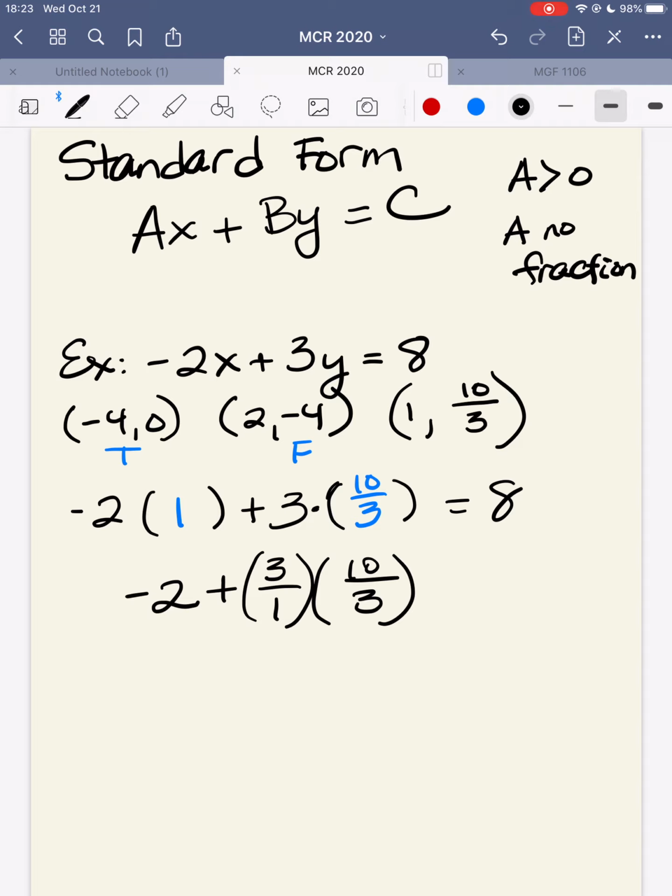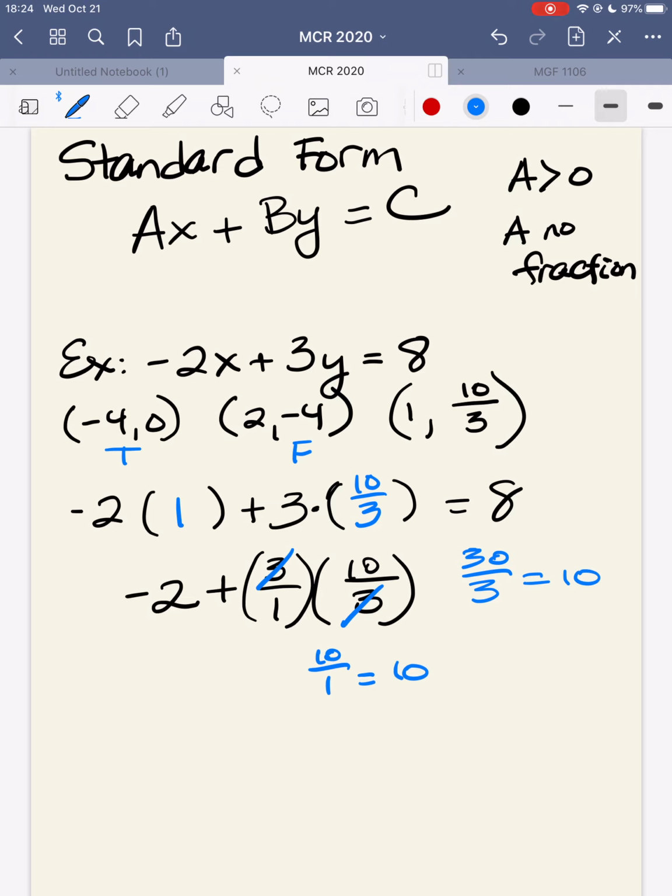All right. Now I could go ahead and multiply straight across, or I could realize that I can cancel one numerator with one denominator because they're the same. It is totally up to you. And this gives me 10 over 1, which is the same as 10. Okay. If I hadn't canceled and I multiplied straight across, I'd end up with 30 over 3, which simplifies to 10.